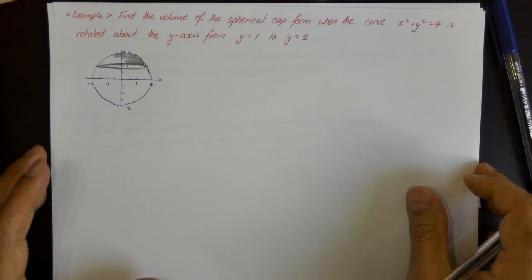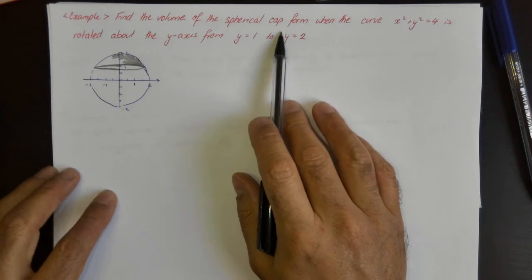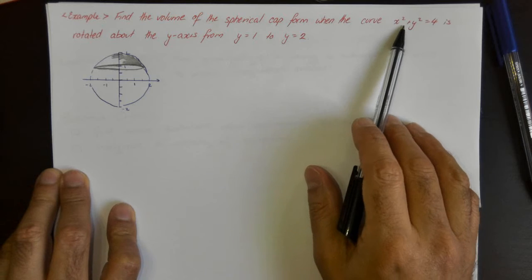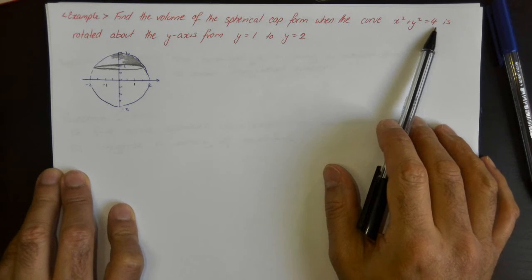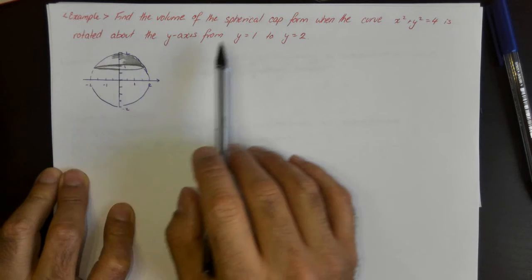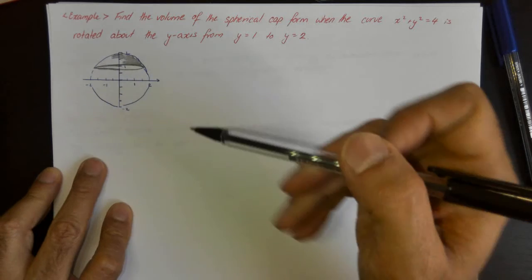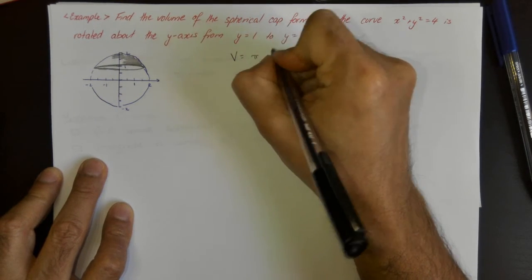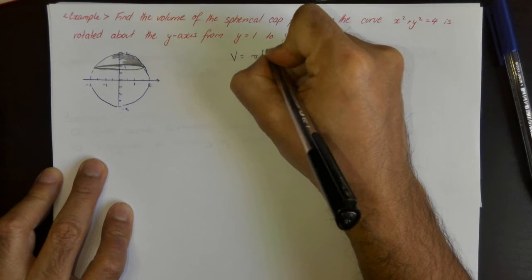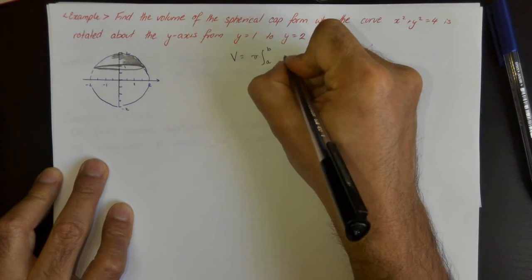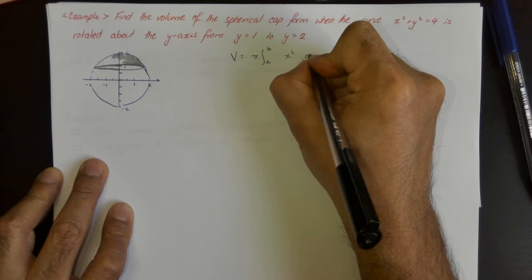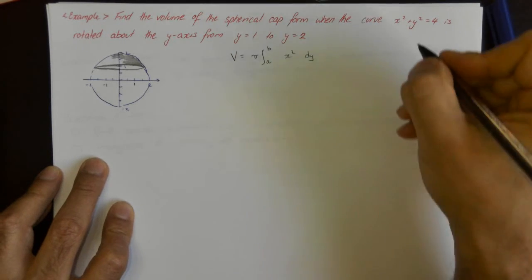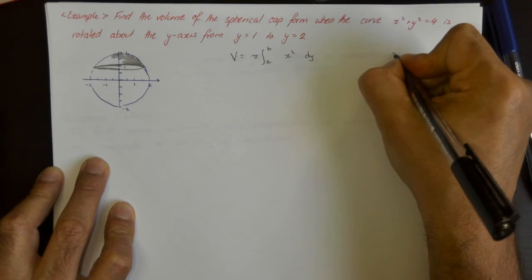Okay. Last example. We want to find the volume of the spherical cap from when the curve x squared plus y squared equals 4 is rotated about the y-axis now from 1 to 2. All we have to do here is the formula is very similar, but instead of y squared, it's going to be x squared dy. Here's our formula.